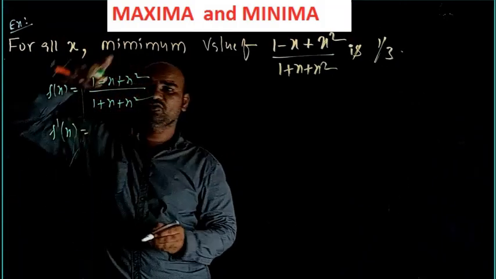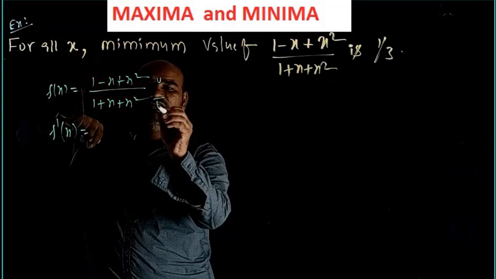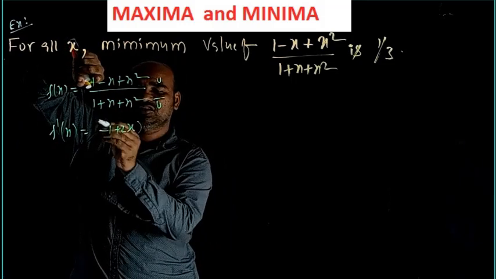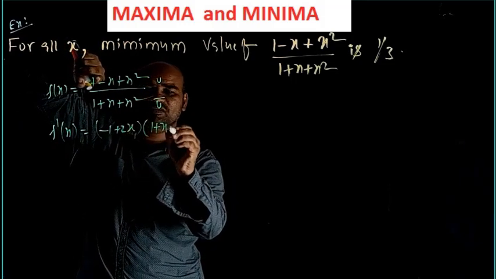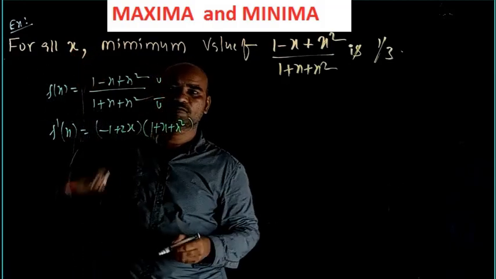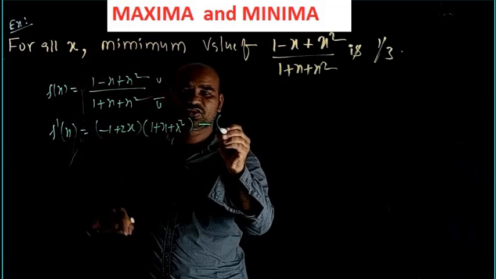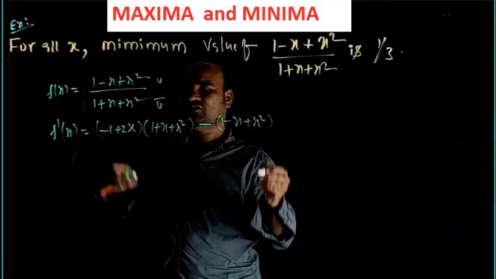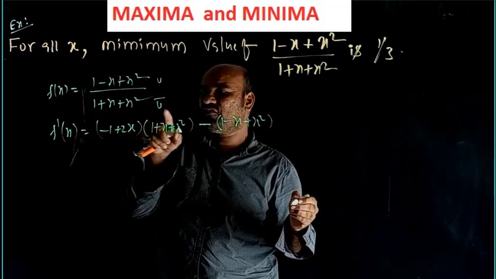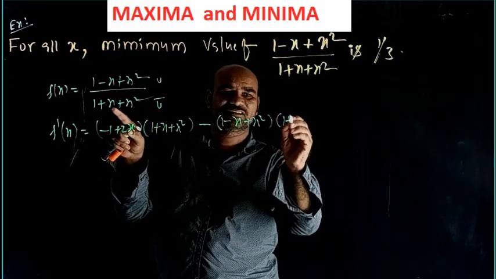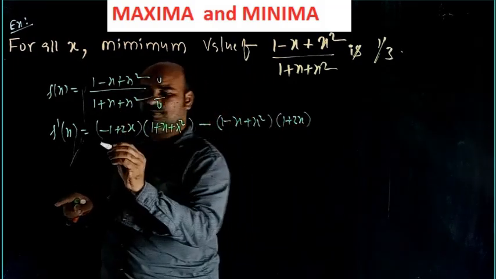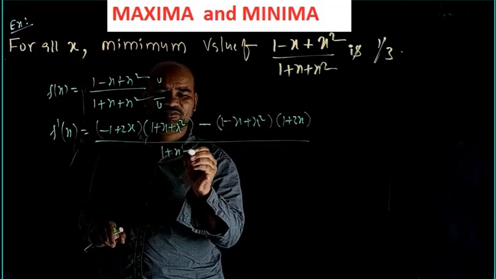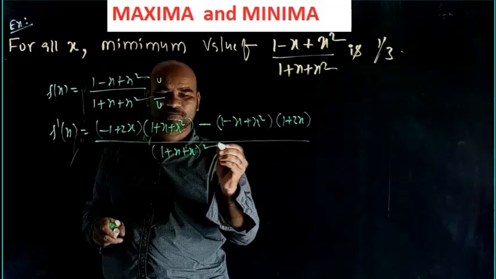Use the u by v formula: u dash, minus 1 plus 2x, into v, 1 plus x square, minus u as it is, 1 minus x plus x square, into the derivative of the v function, that is 1 plus 2x, by v square, 1 plus x whole square.